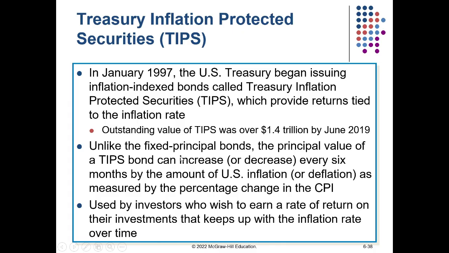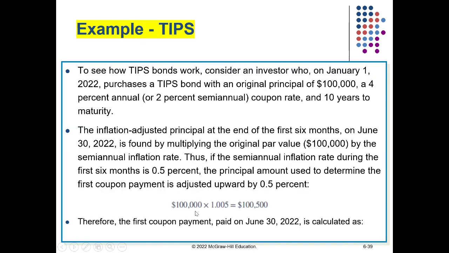Unlike the fixed principal bonds, the principal value of a TIPS bond can increase or decrease every 6 months by the amount of U.S. inflation or deflation as measured by the percentage change in the CPI. So it is used by investors who wish to earn a rate of return on their investments that keeps up with the inflation rate over time. Yeah, so that's the meaning of TIPS, why TIPS was created at that time.